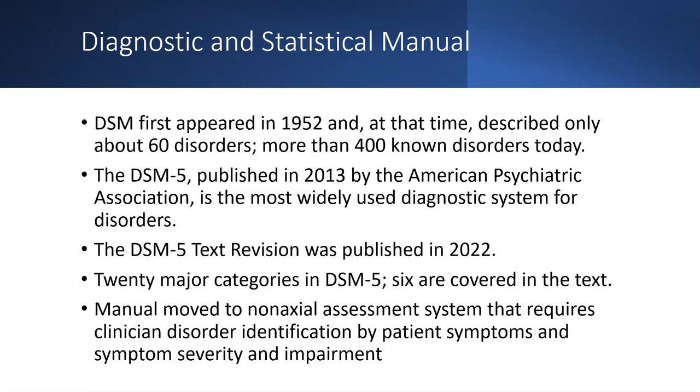So they've moved to a non-axial assessment system that involves clinicians, whether they're psychiatrists or psychologists, looking at symptoms and symptom severity and the degree of impact on adjustment and adaptation to everyday life. The hope is that it will be more clear. It will create more consistency across clinicians in terms of deciding what's being seen.